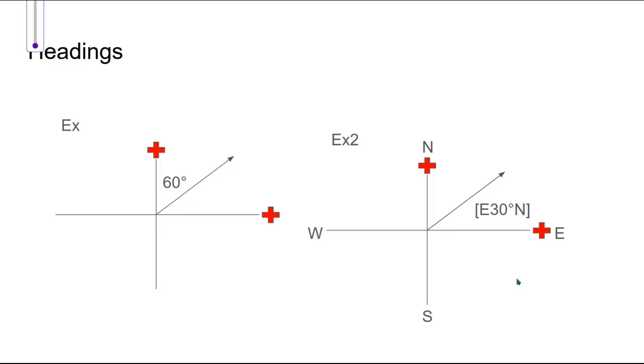So this angle could be rewritten using this format, where in square brackets you first put the direction which is closest to the vector, in this case east, then the angle between that direction and the vector, which is 30 degrees, and then you would denote in which direction it is deviating to, which in this case is the northern direction. Hence, we write N at the end.